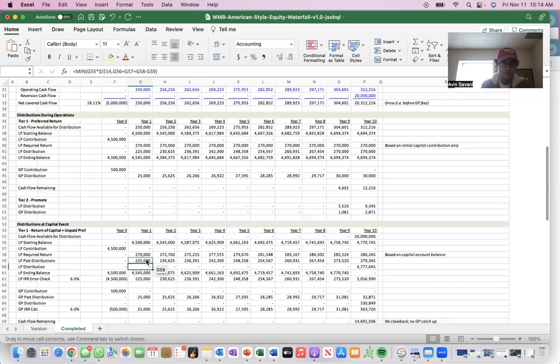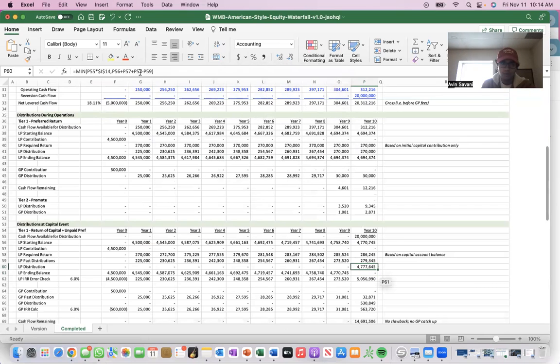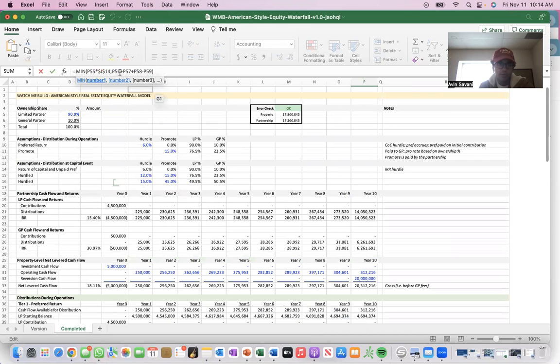So you'll see here, the LP distribution is dispersed at the last year. So it's just taking, what is this? Okay. So they just took cash flow available for distribution. They multiplied it by the LP's ownership, or sorry, the first stage, return of capital and unpaid pref.